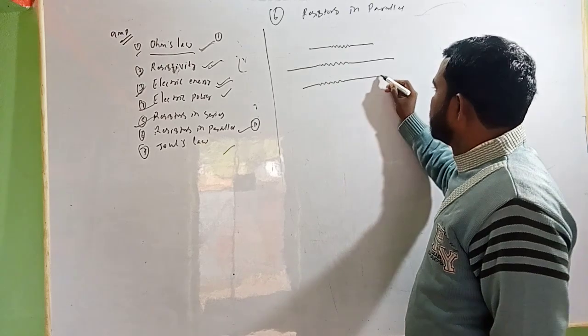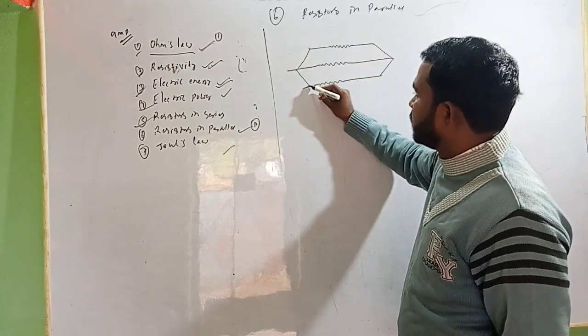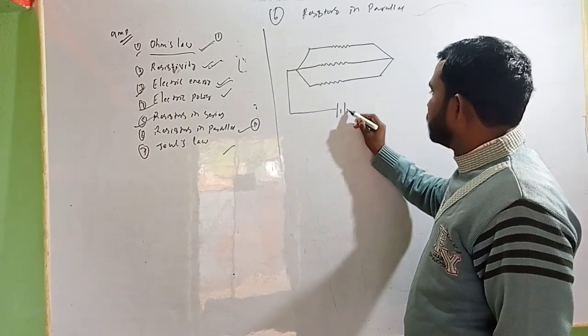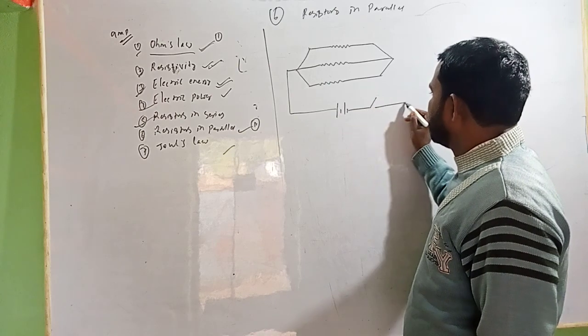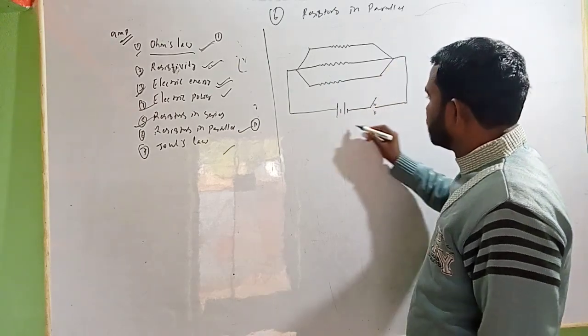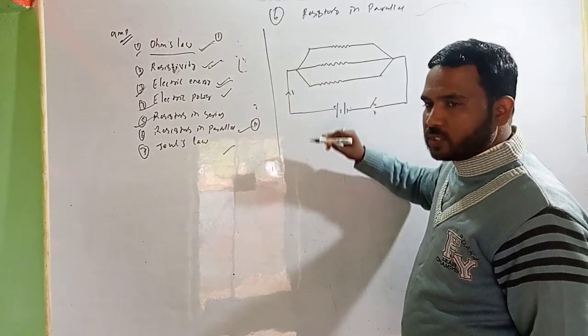Now join these ones like that. Okay, connect with a battery, and you can also take your tapping key or plug key, whatever you will take, and join this one. This is the positive, this is the negative, so current will pass through this one.